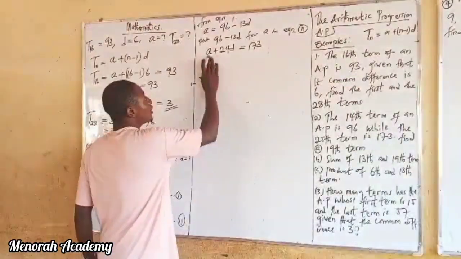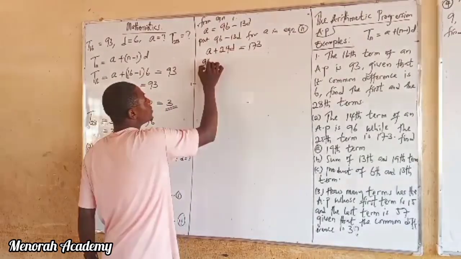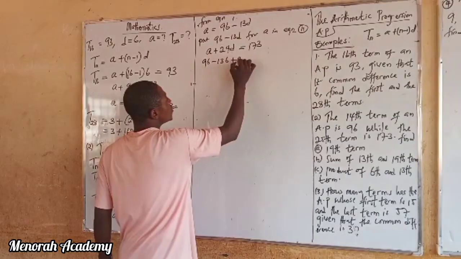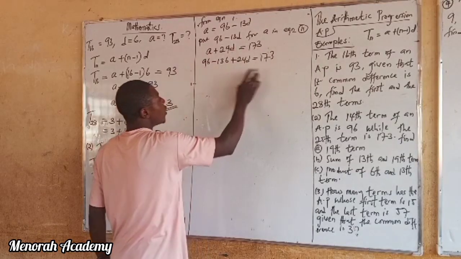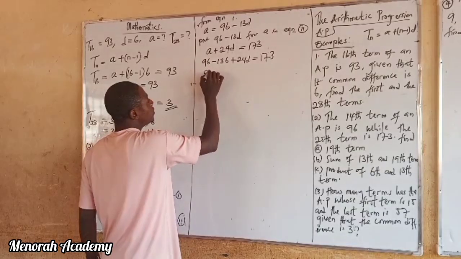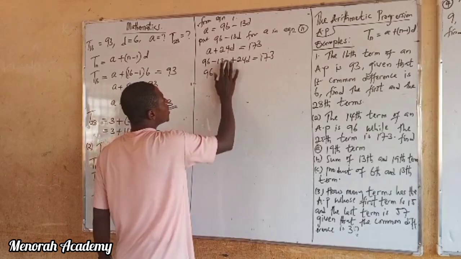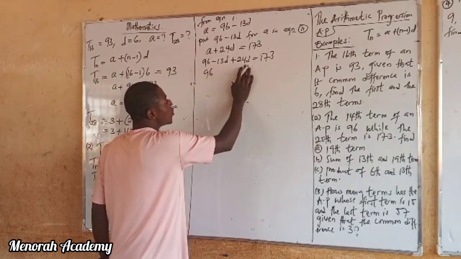So therefore, now our A is known already. In place of A, we are going to put 96 minus 13D, then plus 24D equals 173. So we have 96 minus 13D plus 24D.